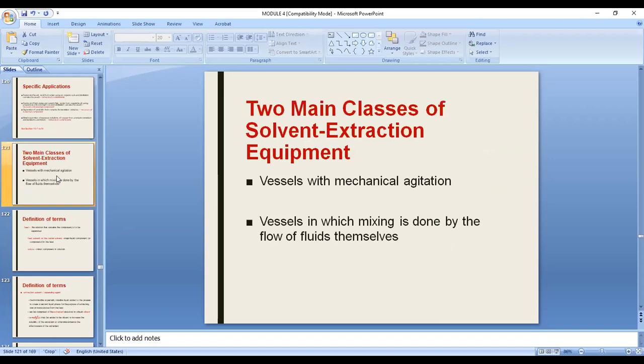So, your extract is being separated from your raffinate by manner of overflowing. Now, another equipment is in which we have the mixing done by the fluids themselves. So this is in the case of multistage extraction, in which the velocities of the feed and the solvent phases are the ones that enable them to get mixed. So we only have these two solvent extraction equipments.